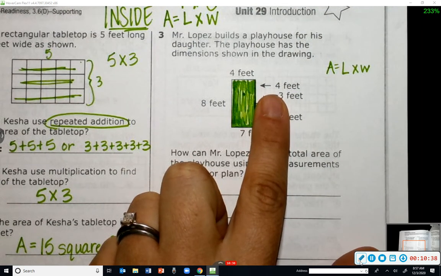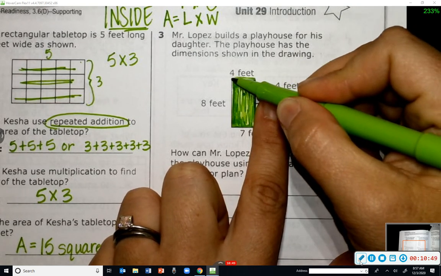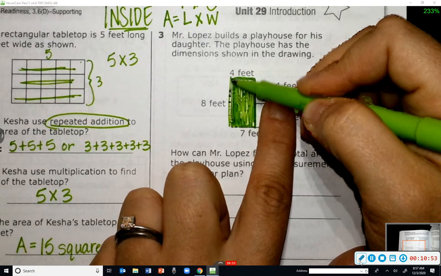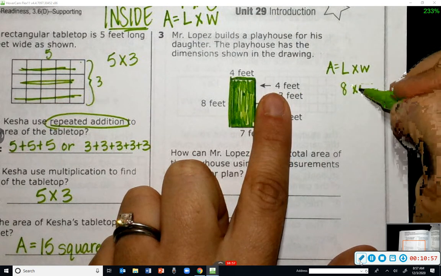What numbers would I use? Kelsey? 4 and 3. Not 4 and 3. 4 and 8, because look, this 4 goes here for the length and 8 for the width. Okay? So 8 times 4.